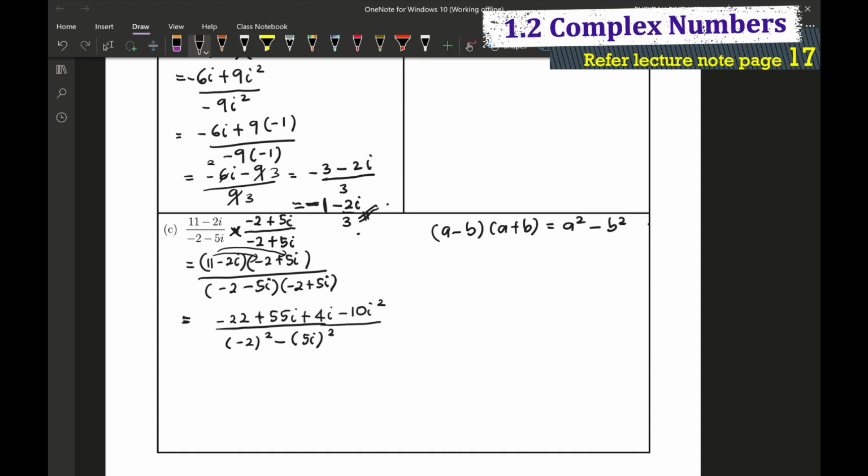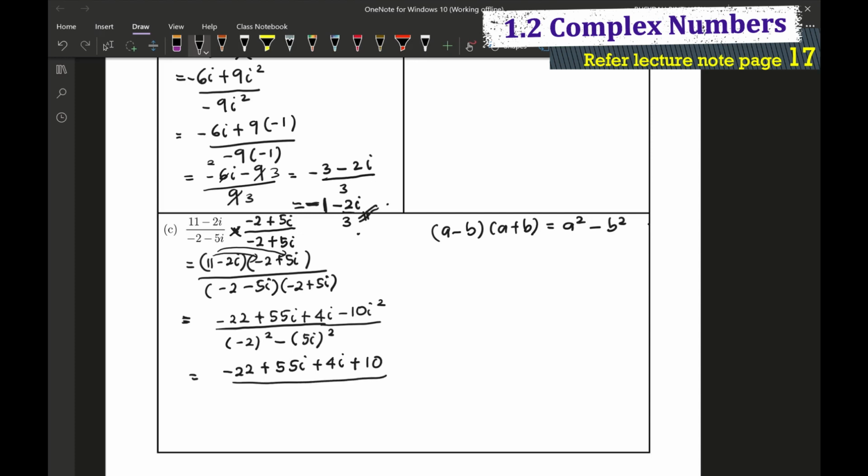Are you following me? I hope you are. Now just solve everything properly. So -22 plus 55i plus 4i, and i squared will become -1. So -1 multiplied by negative becomes positive, so here we plus 10.